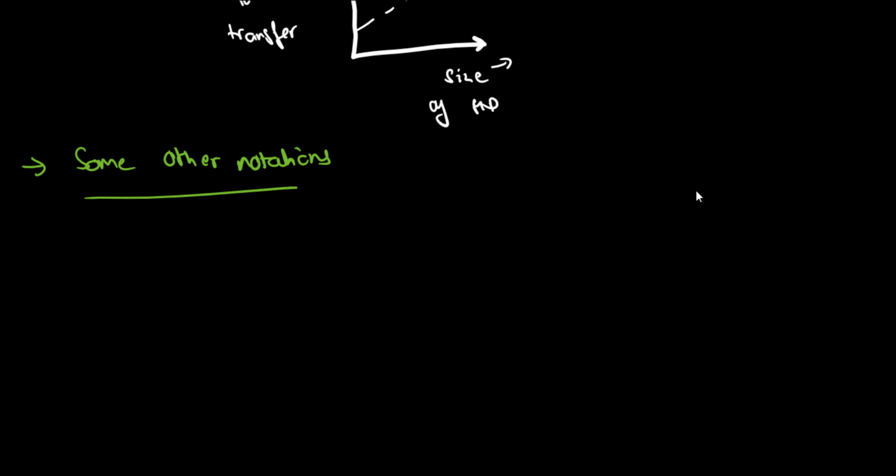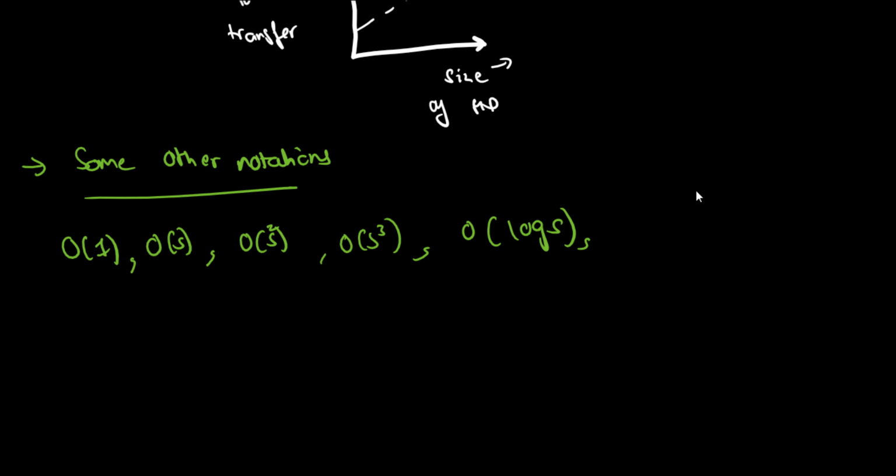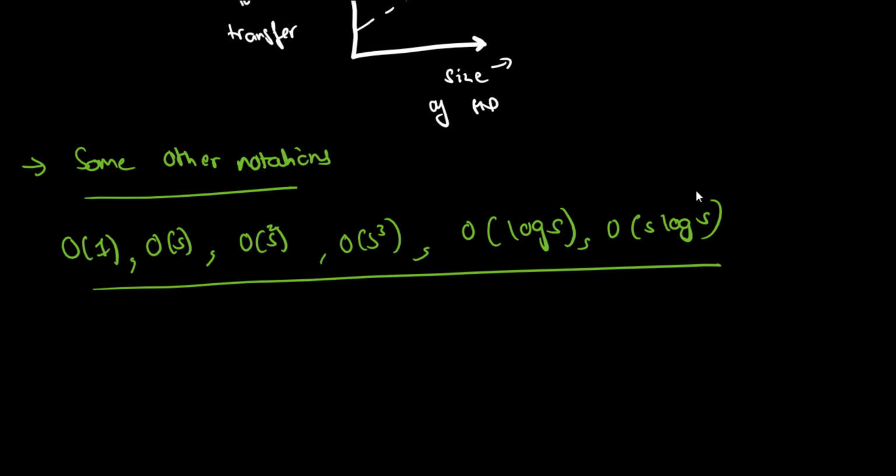So some other notations can be, like we talked about order of 1 and order of S already, another can be order of S square and order of S cube, order of log S, order of S log S. So these can be some other notations, and what do these signify? Suppose we take the case of order of S cube.